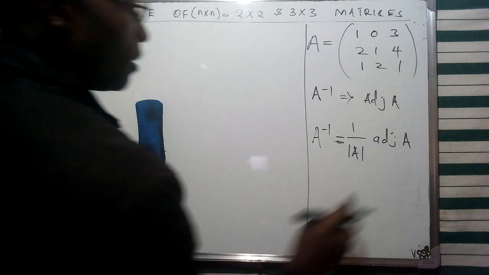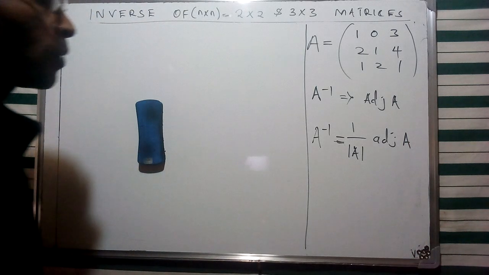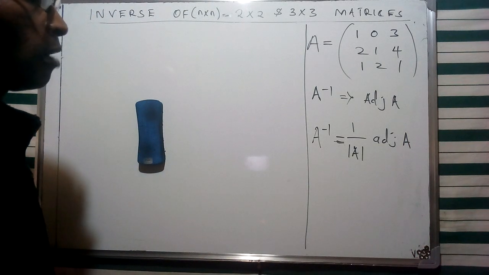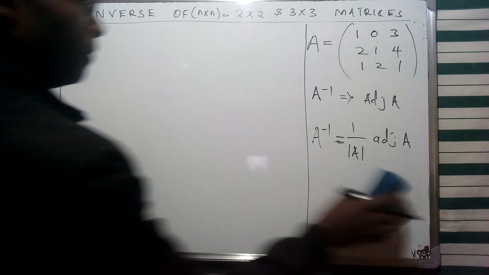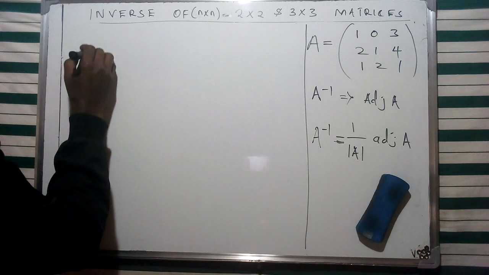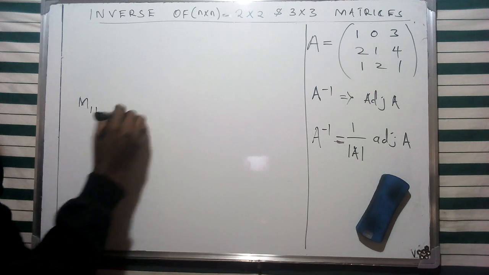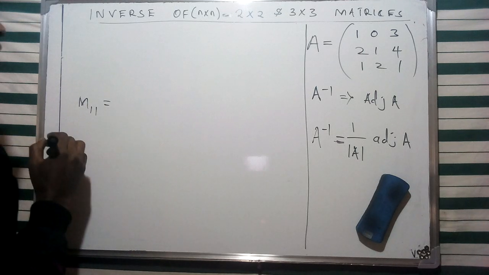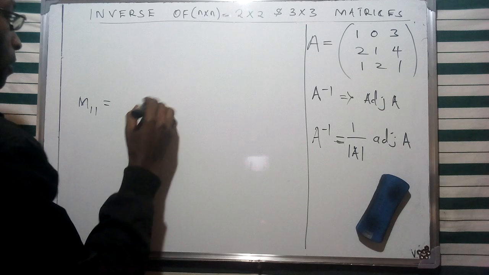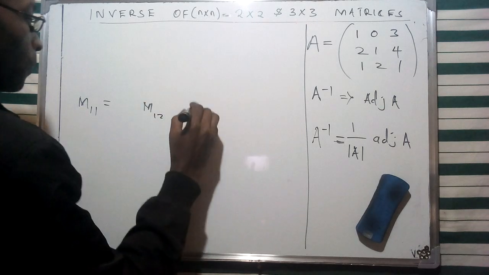As I've mentioned, the classical adjoint entails the transpose of the matrix of the cofactors, and therefore we are going to find the matrix of the cofactors by finding the minors of that specific matrix.